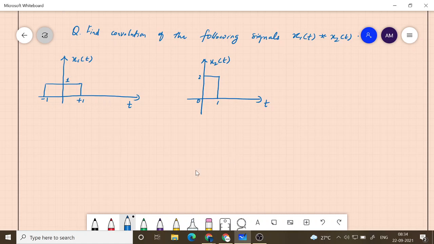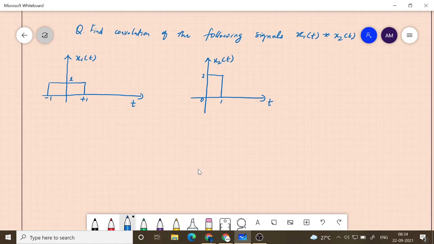So the procedure is to evaluate the convolution integral. x1 of t convolution x2 of t is basically equal to the integral over tau from -infinity to +infinity of x1 of tau times x2 of t minus tau d tau. So that means you replace t with tau, that will give you x1 of tau.